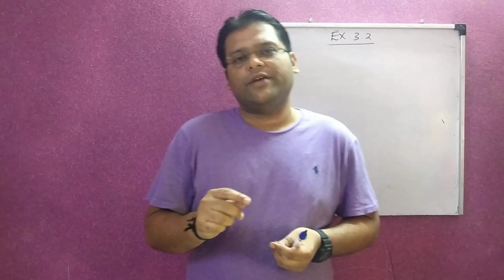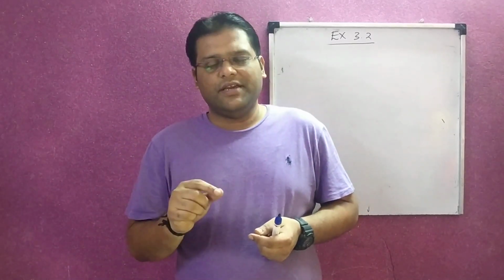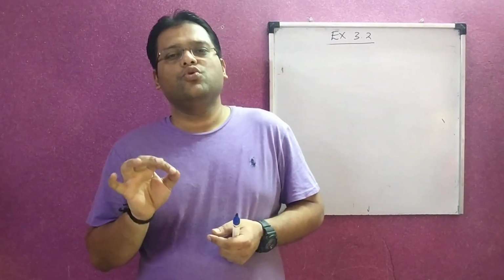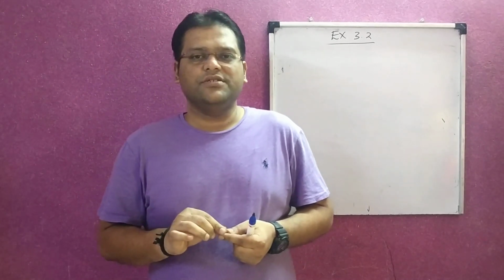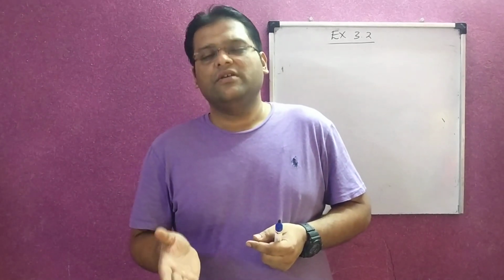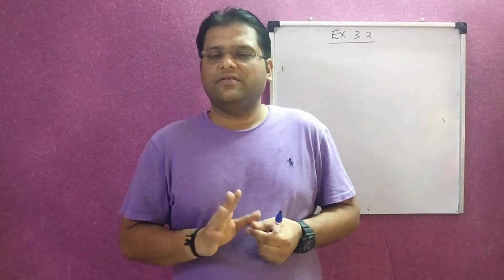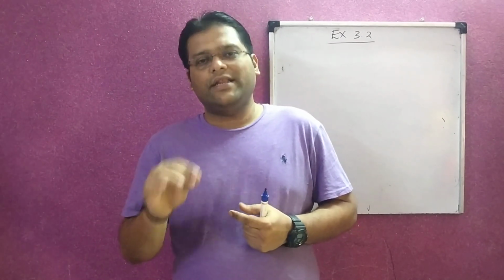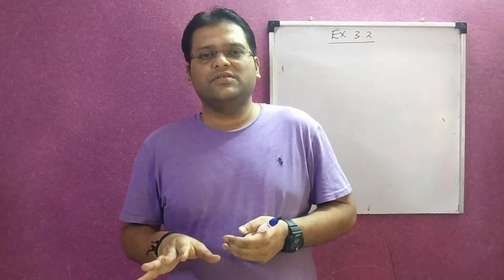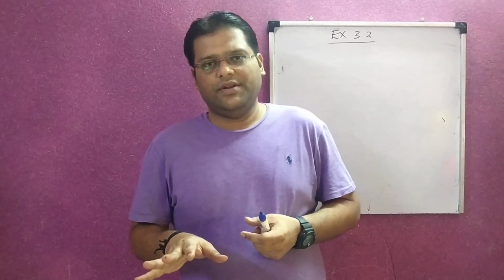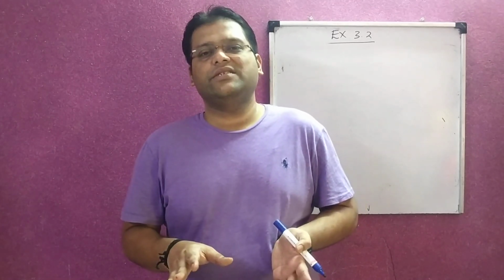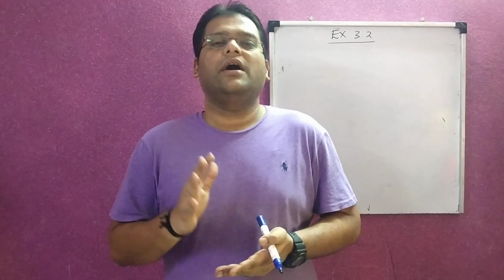I repeat one more time. On the basis of chapter 3, the equations which give at least one solution or infinite solutions are considered to be consistent equations. While those which don't give any solutions, that is parallel lines, are considered to be inconsistent equations.